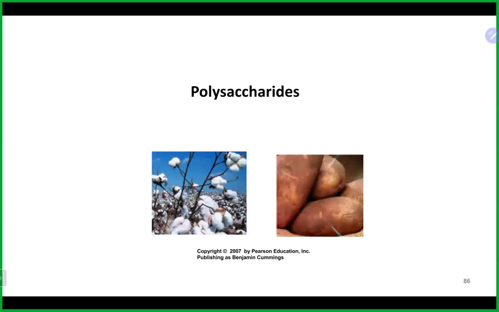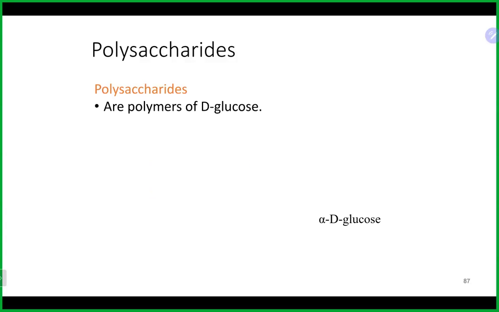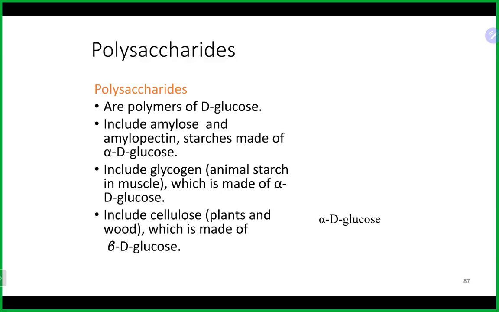All right, so let's talk about polysaccharides. Polysaccharides are pretty much just a bunch of glucose molecules stuck together, where we remove water between each of them and put them together. So they are polymers, which are really large molecules.